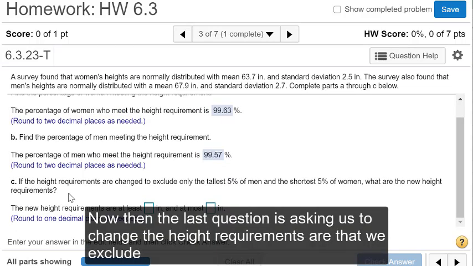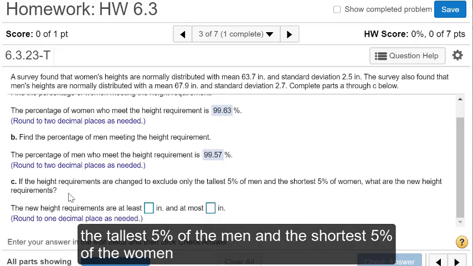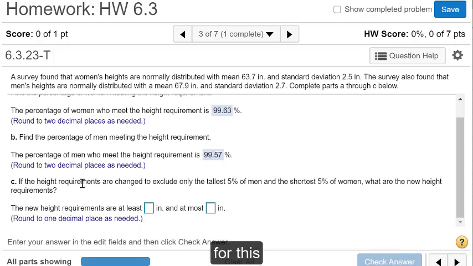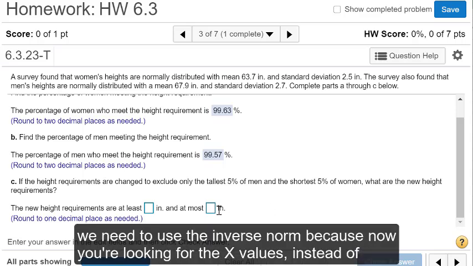Now the last question is asking us to change the height requirement so that we exclude the tallest 5% of the men and the shortest 5% of the women. For this, we need to use the inverse norm, because now you're looking for the x values.